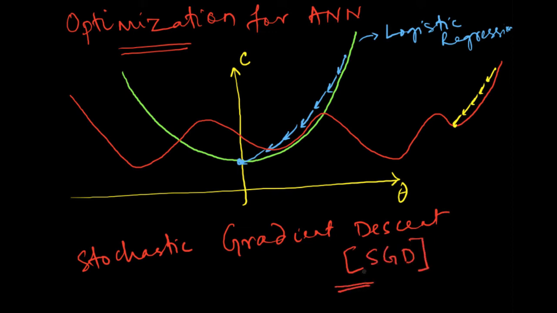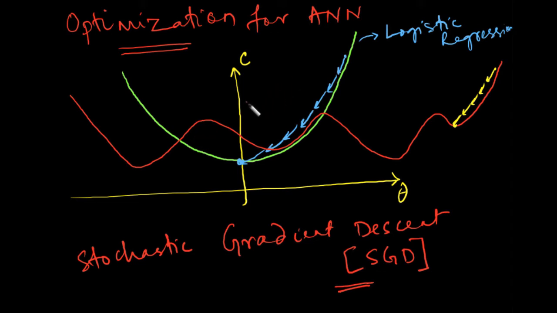So in stochastic gradient descent, instead of computing the cost function with respect to all the various input data values, we take the cost function with respect to smaller sets of data values. The smaller set could be as small as just one data point, or it could be, let's say, a fraction, let's say 10% of the data points or 20% of the data points.